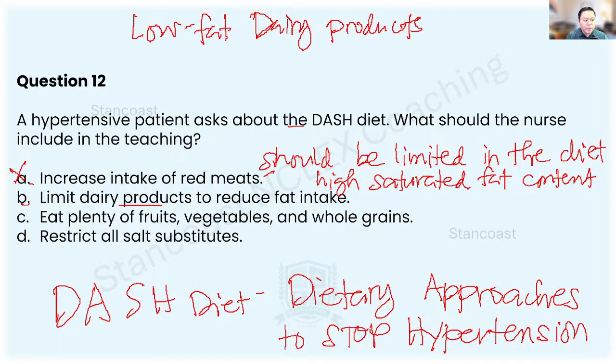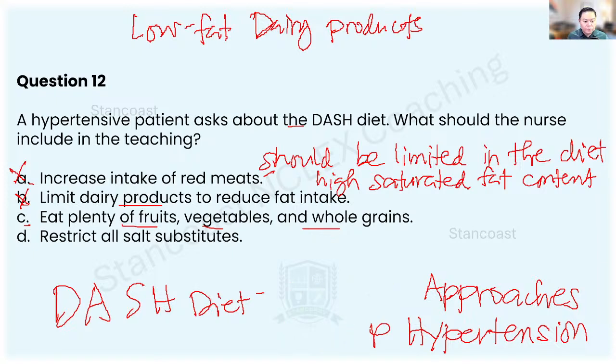Now, if we are answering letter C, eat plenty of fruits, vegetables, and whole grains. This is basically the primary source of food items that will be low in sodium, okay? So we're going to encourage them to eat plenty of fruits, vegetables, and whole grains. This is going to be our emphasis in the DASH diet. So let me write this down here. DASH diet.